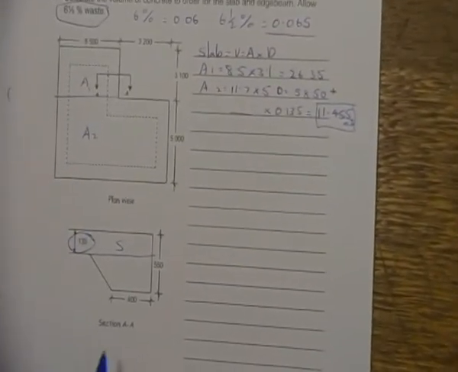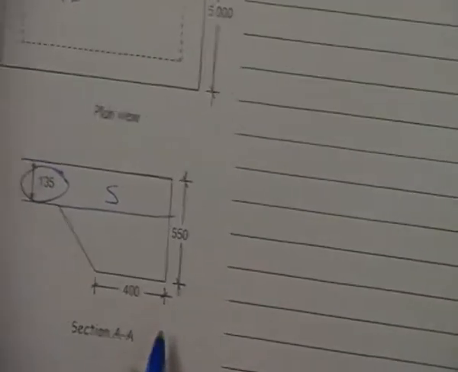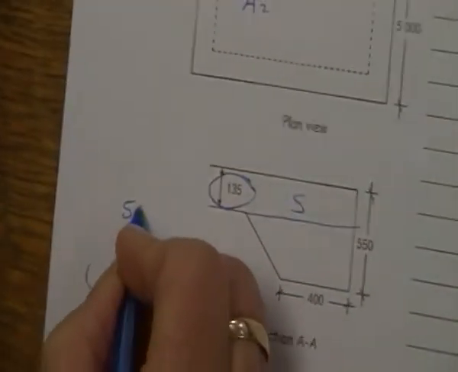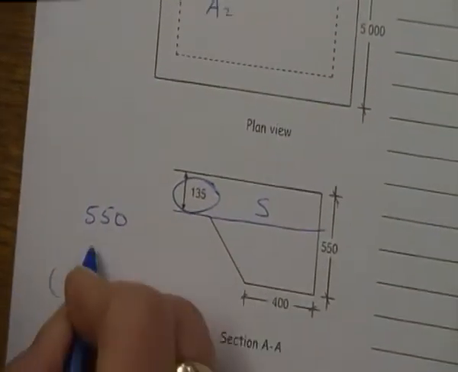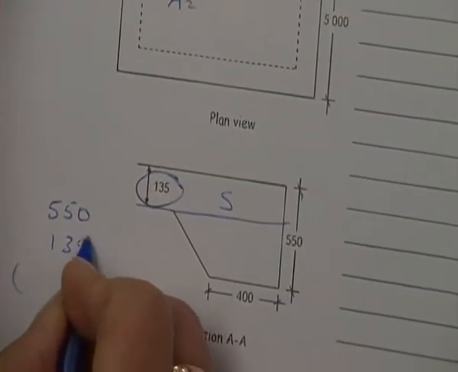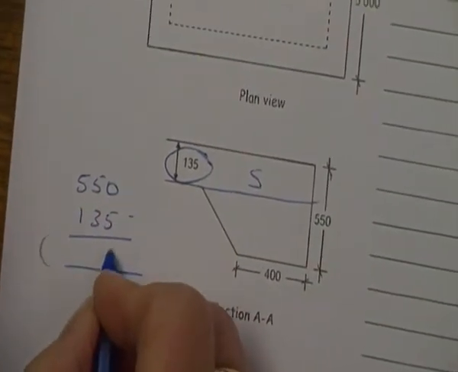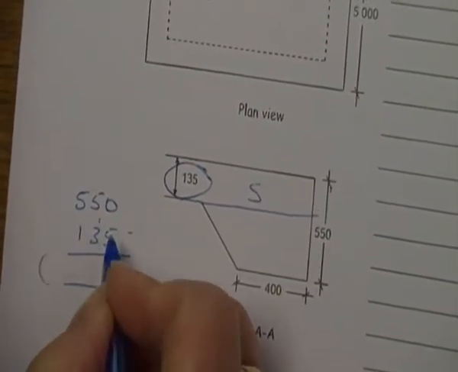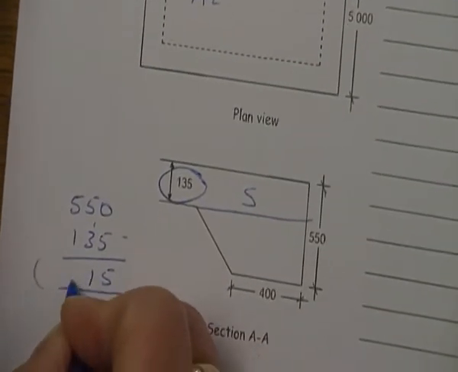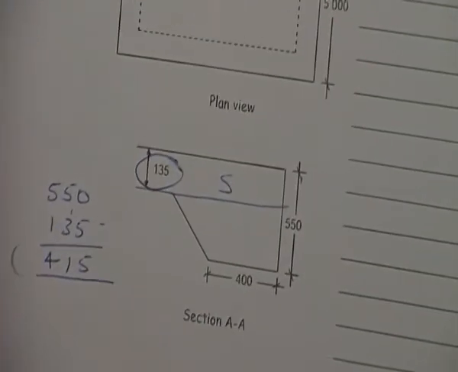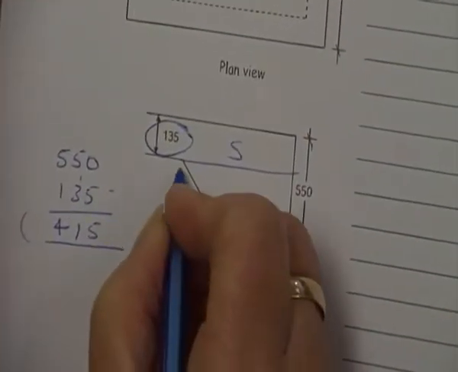Now we're going to look at our edge beam. At the moment the overall depth is 550, but the slab is taking up 135. So we take one away from the other and we get 415. So 415 is this depth here.